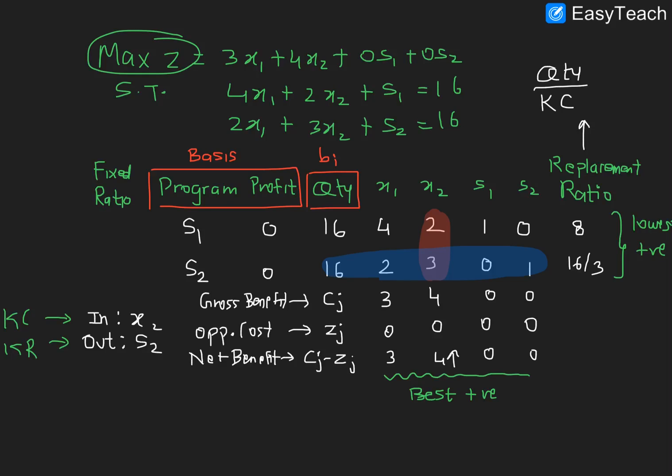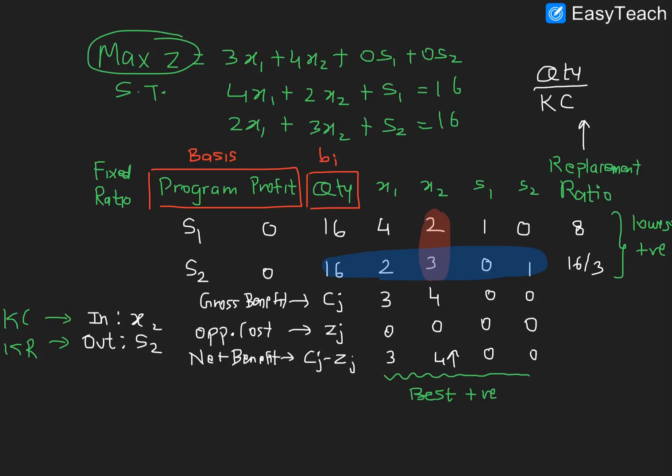Now we have just a few things left out in this simplex table before we go for the second table. In this simplex table we have something called the fixed ratio.